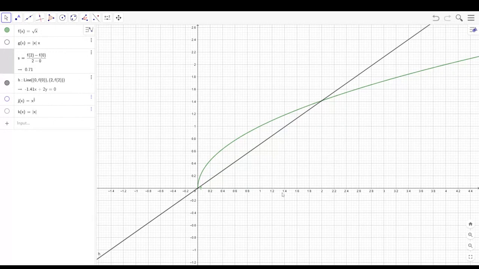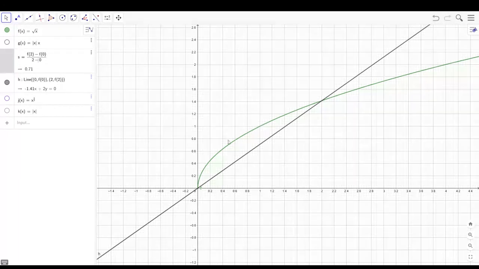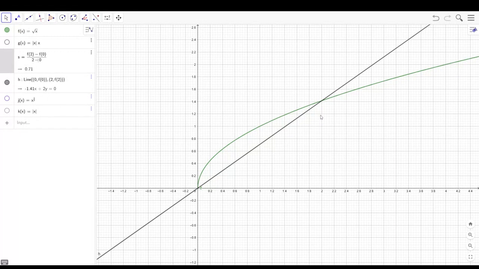The mean value theorem says that, for example, in this graph, there's a point in between 0 and 2. It's actually this point here, 0.71, where the tangent line to the curve is the same slope as this line here. They're parallel. That's pretty much all it says.